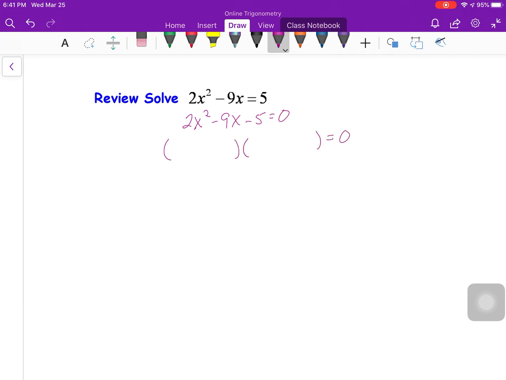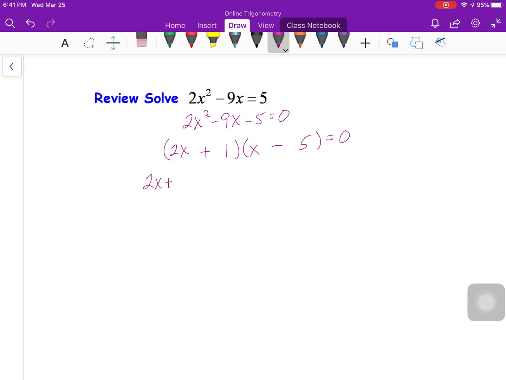The front ones have to multiply to give me 2x squared. Not many choices there, 2x and x. The back ones have to multiply to give me 5. Not many choices there either, 5 and 1. I think I'll need to put the 5 here and the 1 here. And then if I want a -9 in the middle, I'd put a negative there and a positive here. On the outside I get -10, on the inside I get +1, and that gives me the -9x.